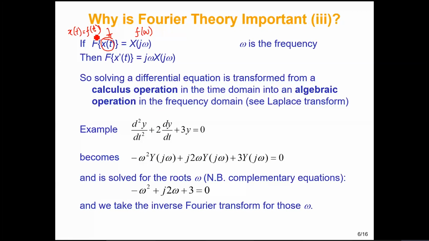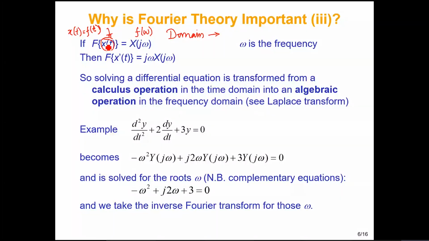Transformation means going from one domain to another domain. Don't be confused by this term domain. Domain is nothing but the independent variable, omega or t. So from the time domain we go to the omega domain. Instead of plotting against time, we can plot against omega. Instead of seeing what is happening at every time, we can see what is happening at every omega point. This is basically what the Fourier transform does.